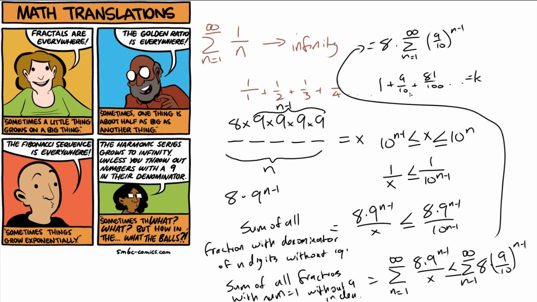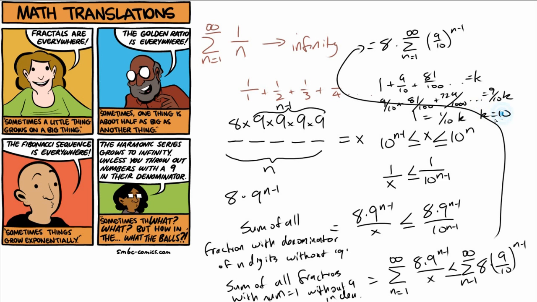Okay. Now let's multiply every term of k by 9/10. 9/10 plus 81 over 100 plus 729 over 1000, dot dot dot, equals 9/10 k. If we subtract the top from the bottom, we get 1 equals 1/10 k.